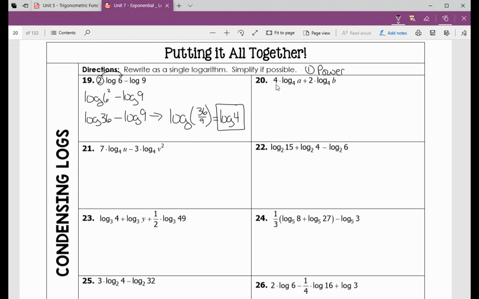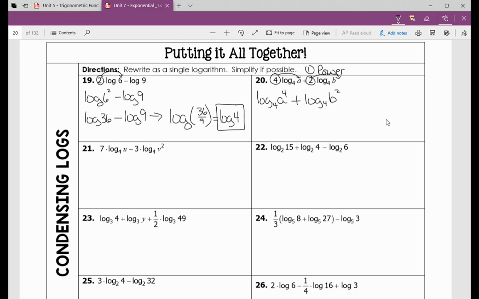All right, in number 20, the first logarithm has a multiplier, and so does the second logarithm. So I'm going to deal with those first. I'm going to take 4 and write it as my exponent on the first logarithm. I'm going to take 2 on the second logarithm and write it as my exponent. I can only do this as long as those base numbers are the same.